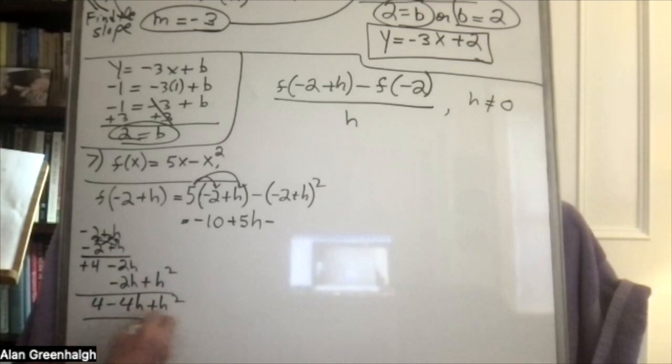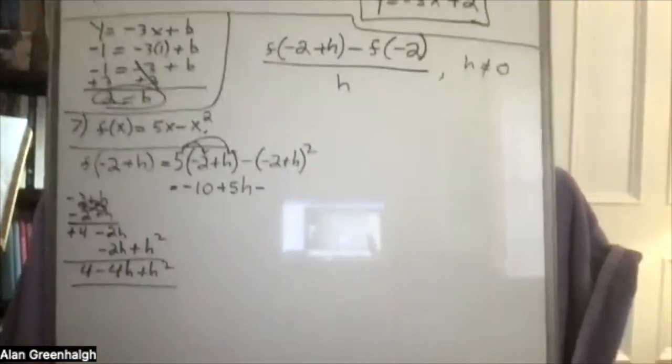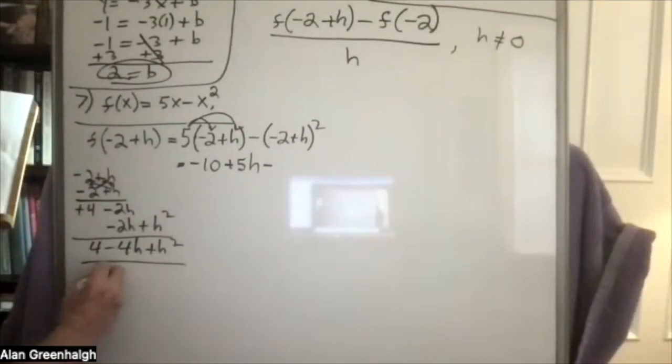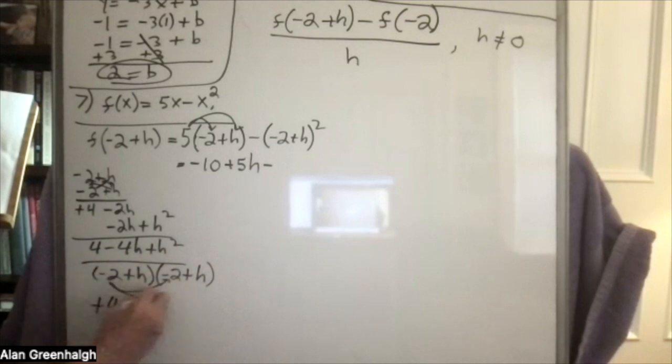If you wanted to, you could have multiplied these two, not top over bottom. You could have done it this way. Negative 2 times negative 2 is positive 4. Negative 2 times positive h is negative 2h. Negative 2h. Why do I keep putting a b there instead of an h? Plus h squared.